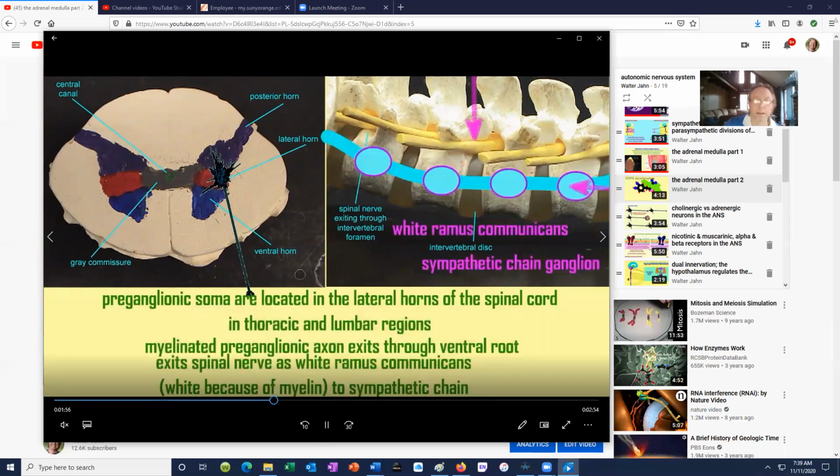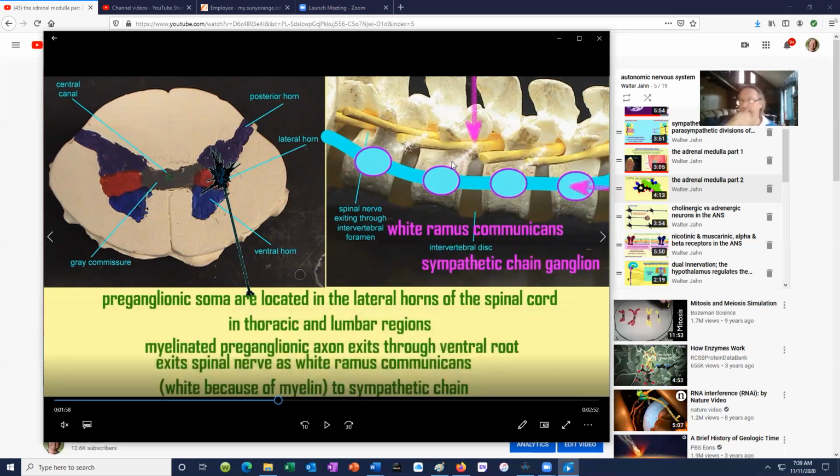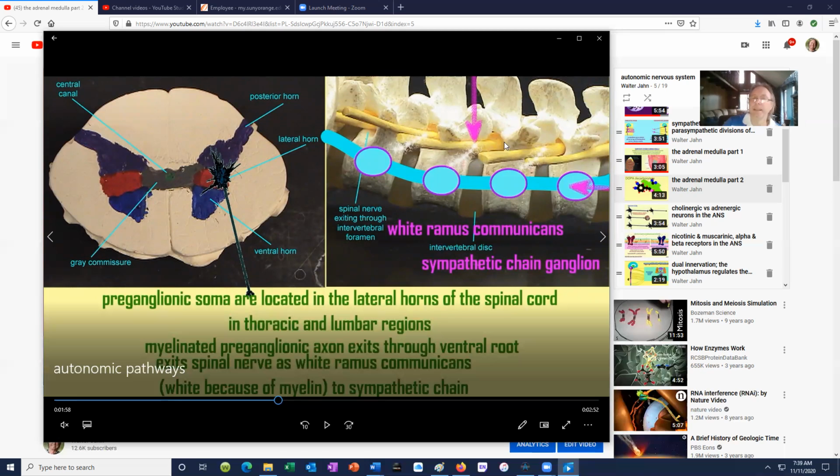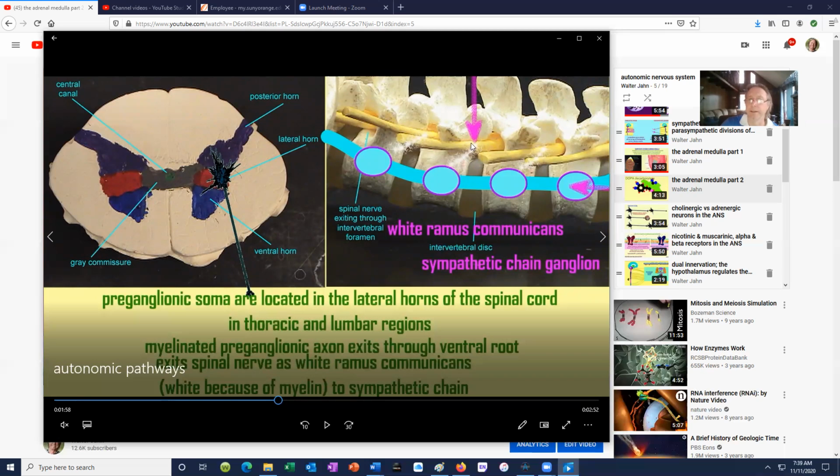So it's called the white ramus communicans because these neurons are myelinated, and the myelin, being part lipid, has a lighter color. So these fibers are in the spinal nerve, but they then leave the spinal nerve because remember, they can't get to the effector organ because in the autonomic nervous system, that's not how it works. It's the second neuron, the postganglionic neuron, that gets to the effector structure.